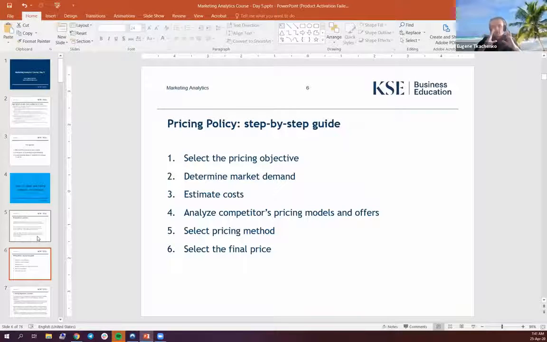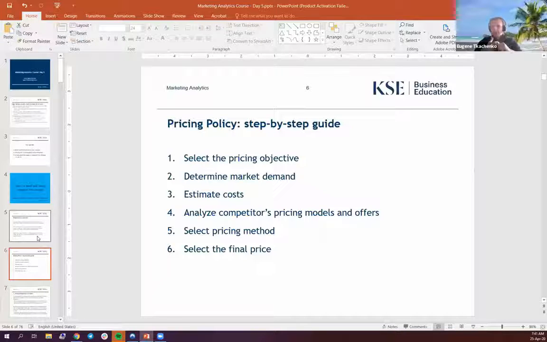The two questions I want you guys to be able to answer upon completing this course are: what kind of information do I need in order to build the model in Excel, and secondly, how can I build that model in Excel?